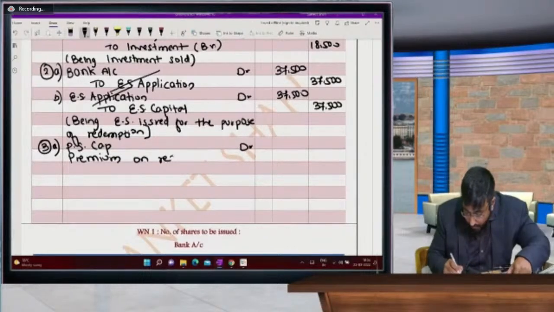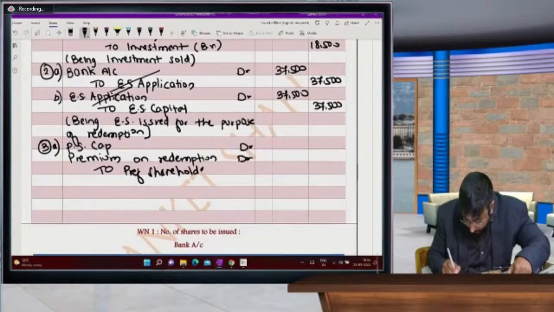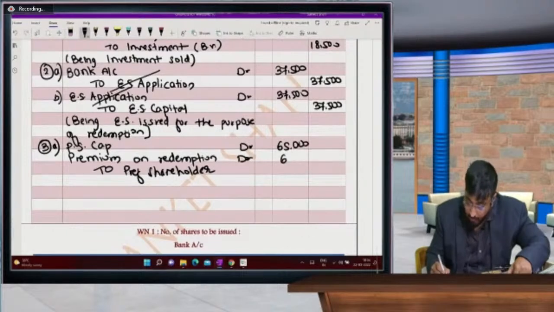Premium on redemption account debit. To preference shareholder. 65,000, 6,500, 71,500.